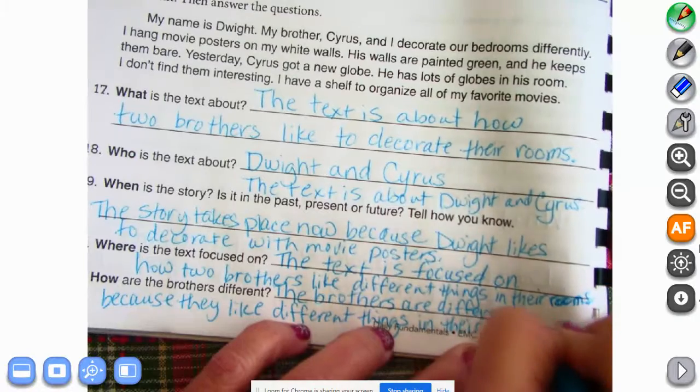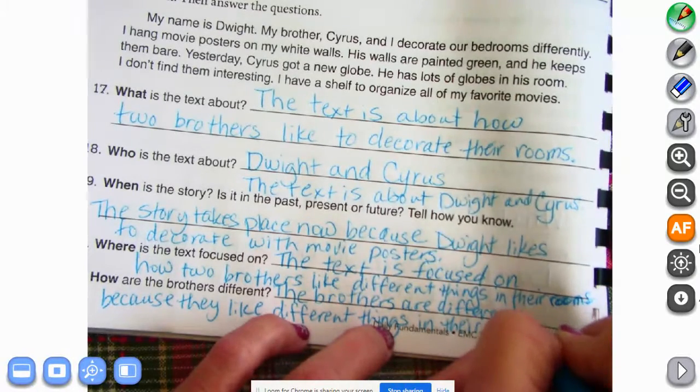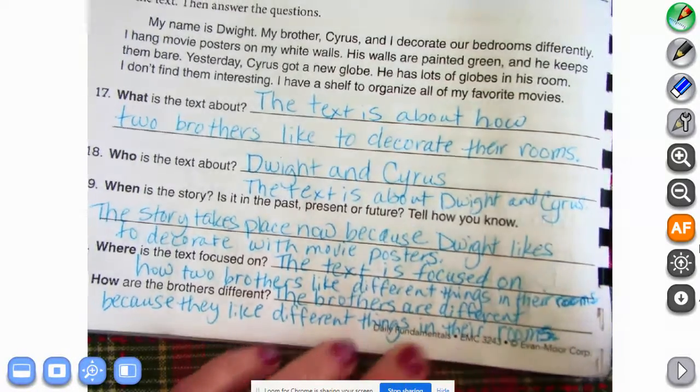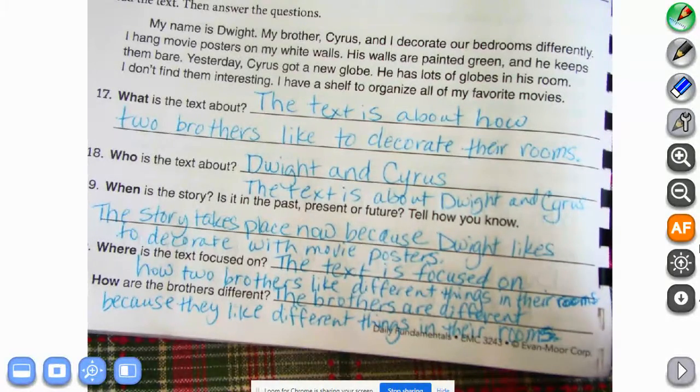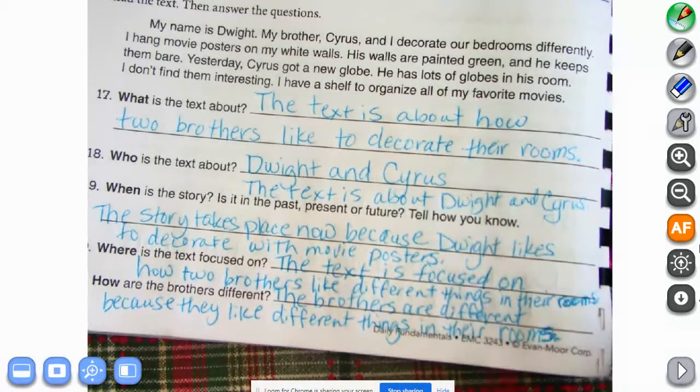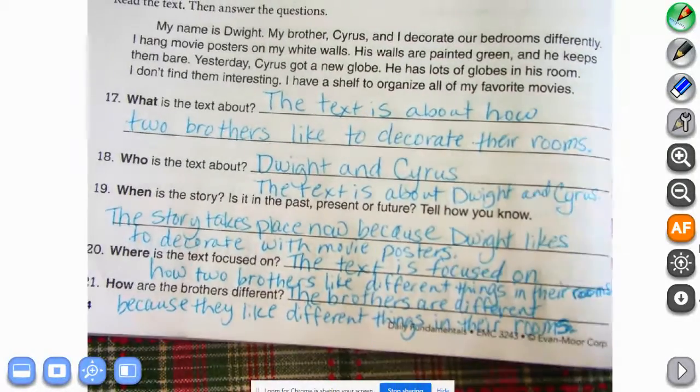Okay, how do we know that? Dwight likes to have posters, but Cyrus likes the walls bare. Cyrus likes globes, and Dwight likes to collect movies. All right. If you need to pause this so you can get anything written down, go ahead and do that.